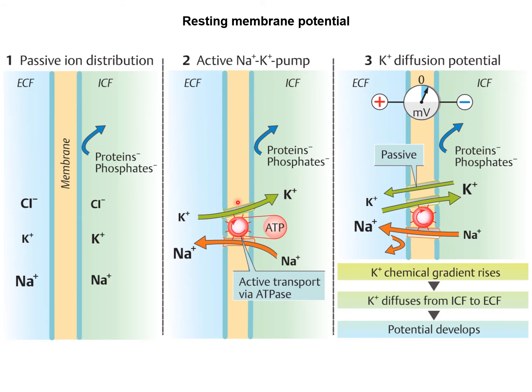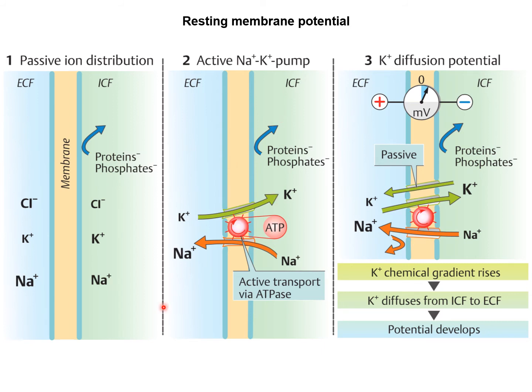Then we need to consider the activity of the sodium-potassium pump. The sodium-potassium pump creates a sort of concentration difference between sodium and potassium. The sodium is going to be more concentrated on the outside and the potassium more concentrated on the inside. However, the sodium-potassium pump is also electrogenic. That means it creates membrane potential.